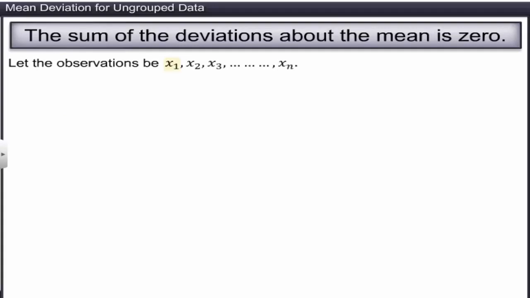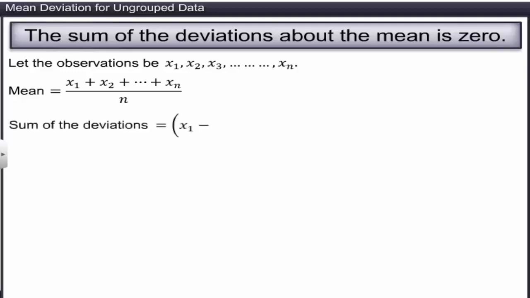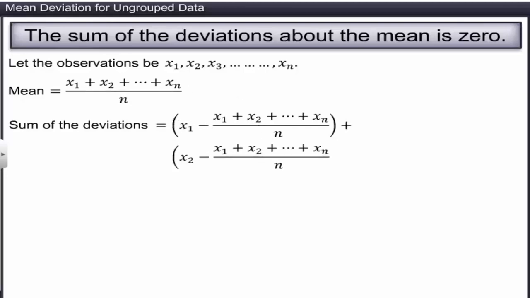Let the observations be x1, x2, x3, and so on up to xn. The mean of the observations is equal to the sum of the observations divided by the number of observations. Now, the sum of the deviations is equal to x1 minus the mean, plus x2 minus the mean, and so on, plus xn minus the mean.